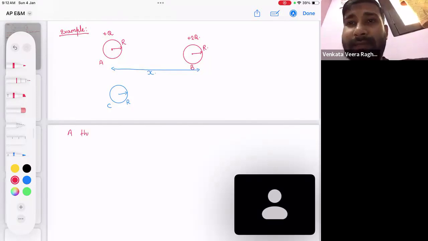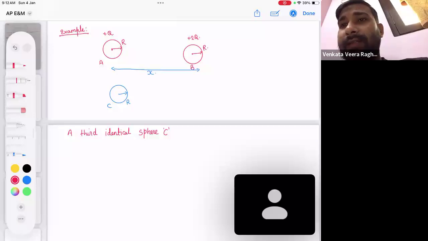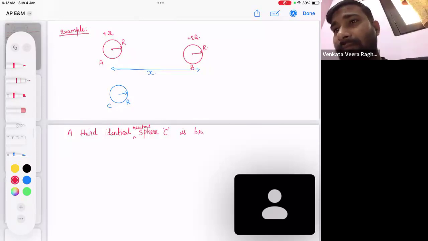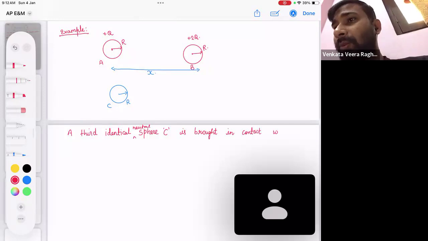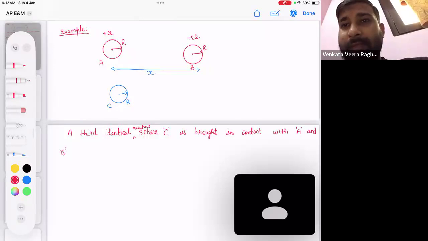A third identical sphere C, which is initially neutral, is brought in contact with A and B successively.